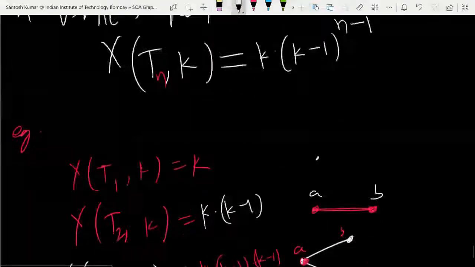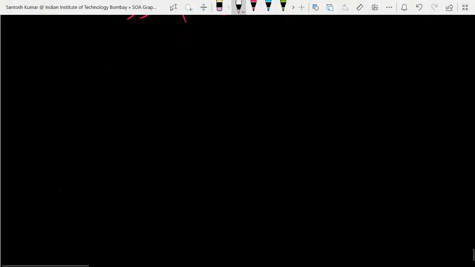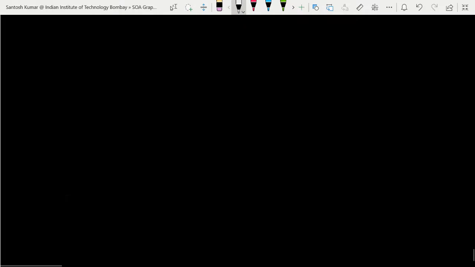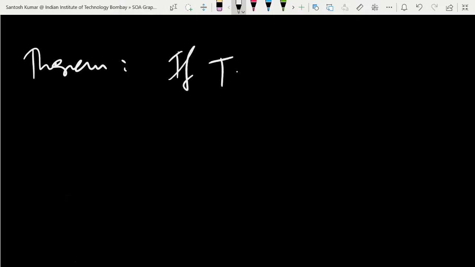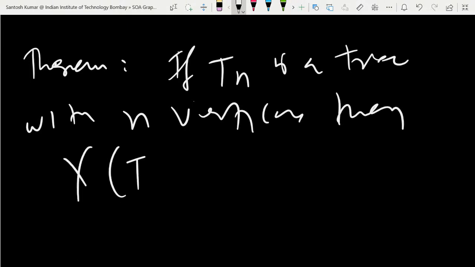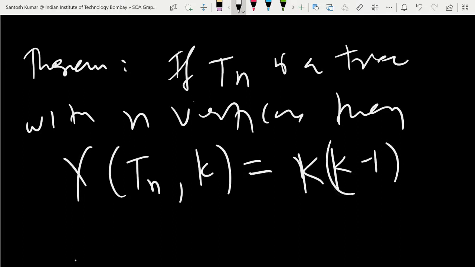If you want to prove this, we can prove that. In the proof I will write the same logic we used here. So I will repeat the theorem. The theorem is: if Tn is a tree with n vertices, then the number of proper colorings of Tn using K colors is K times K minus 1 raised to the power n minus 1.